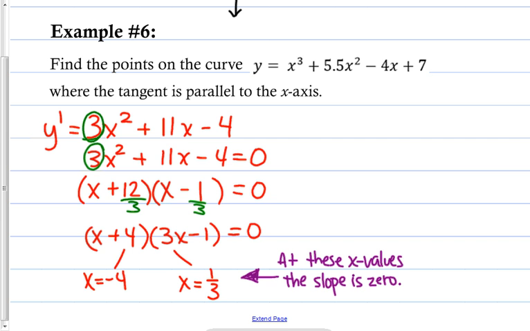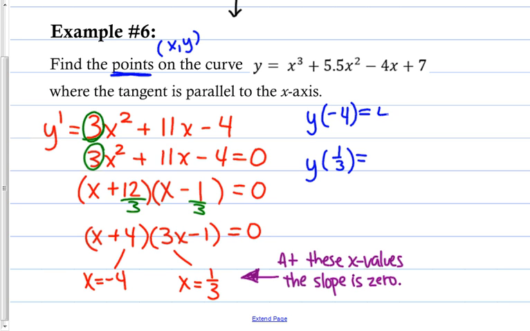So at these x values, the slope is 0, but I have to be careful, because the instructions say find the points. And points are x's and y's, so all I got are the x's. So you take the original equation and plug in these x's, negative 4 and 1/3, and you get your y values.